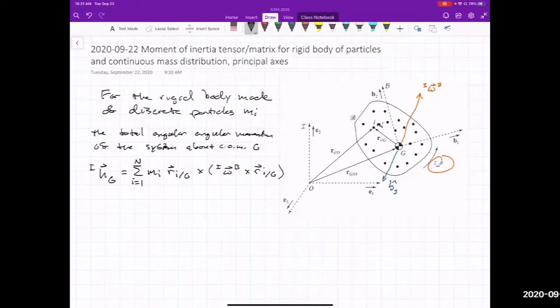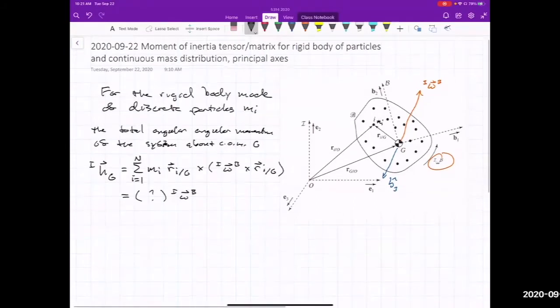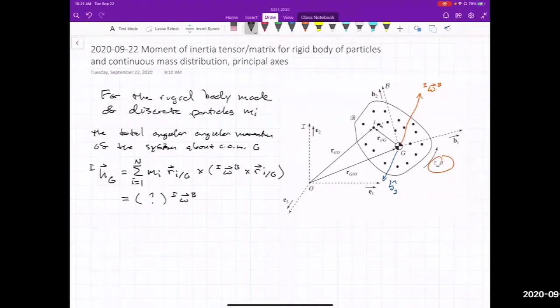So we have the summation. We want to write it in the form of something times I omega B. So the angular momentum is going to be proportional to the angular velocity. It turns out what this thing in the parentheses is going to be a tensor, or when you write it within a specific set of axes, it'll be a matrix, a 3x3 matrix for a 3D rigid body.